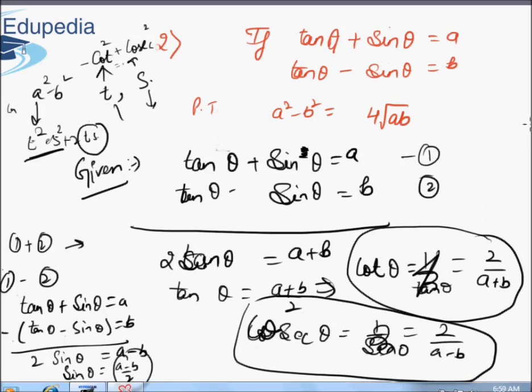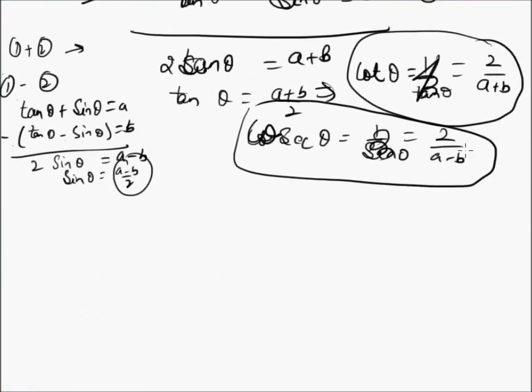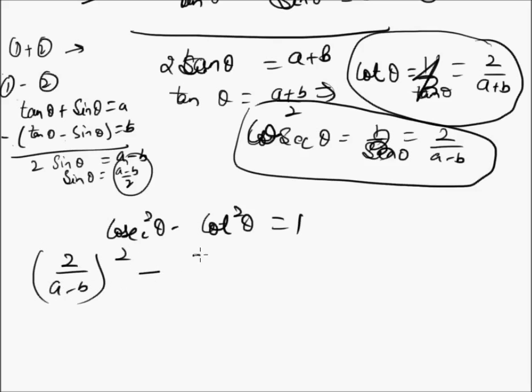So now, using the identity, that is cosecant square theta minus cot square theta equals 1, we have 2 over A minus B whole square minus 2 over A plus B whole square equals 1.